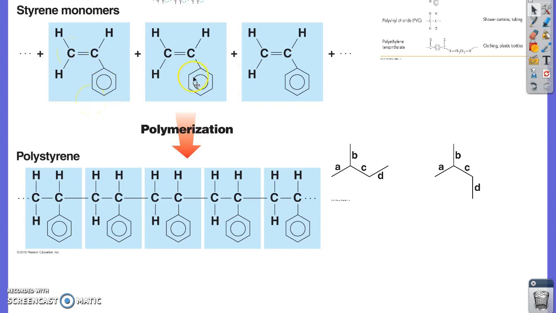If you add all of these together so that the carbons just join up to each other, you have the same unit over and over, stuck together into these long chains. And these long chains have the plastic properties that we like to use them for.